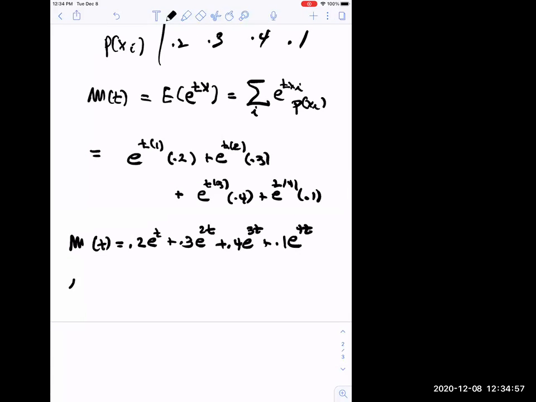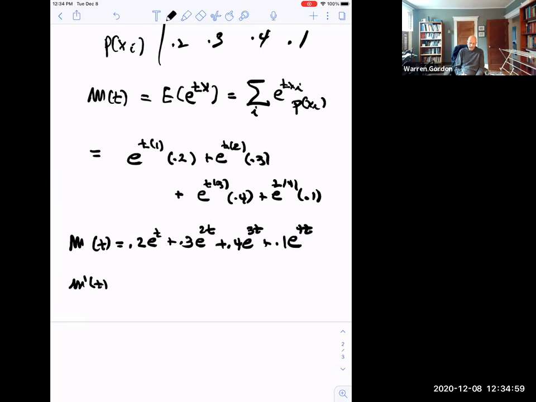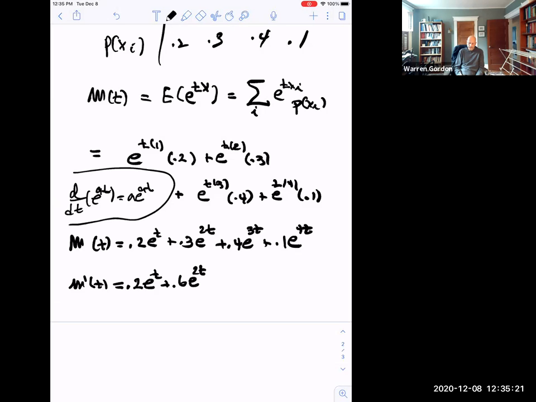Then you take the derivative. I get 0.2 e to the t. And remember, the derivative of e to the at, where a is a constant, is a e to the at. So this gives me 0.6 e to the 2t, remember, 2 times 0.3 is 0.6, plus 1.2 e to the 3t plus 0.4 e to the 4t.